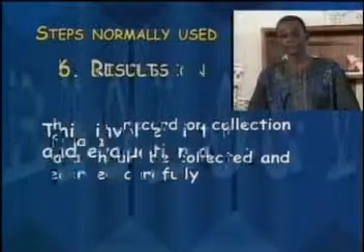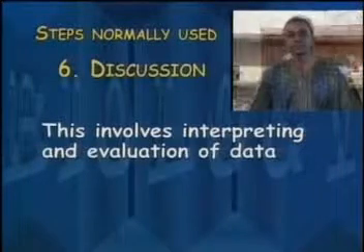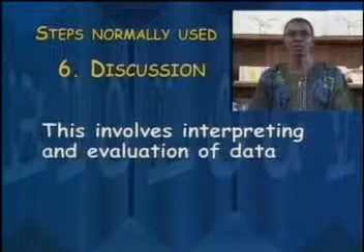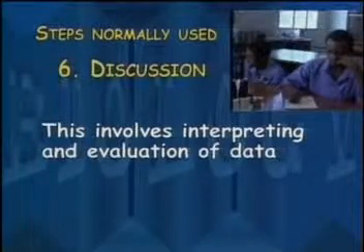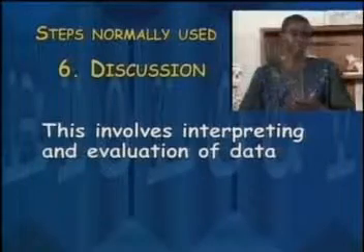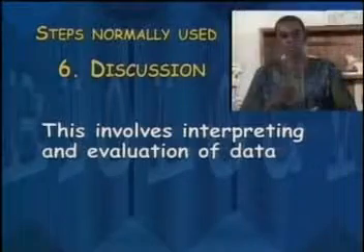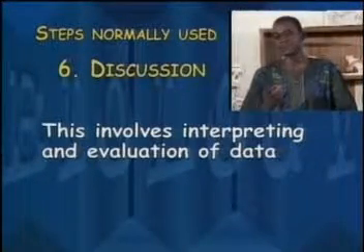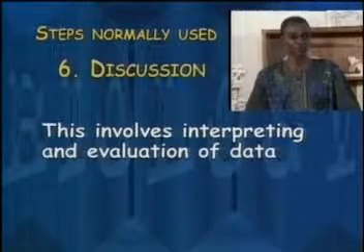Six, discussion. This involves interpreting and evaluation of data. Discussion involves analyzing all the results that you obtain. You go through them and see which ones apply to the experimental values or to your hypothesis.